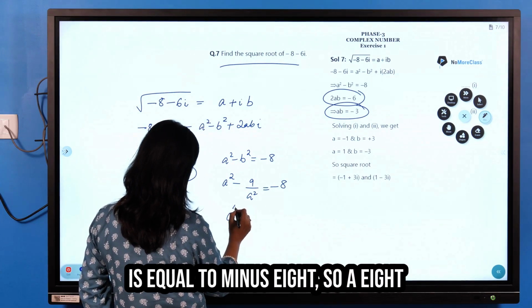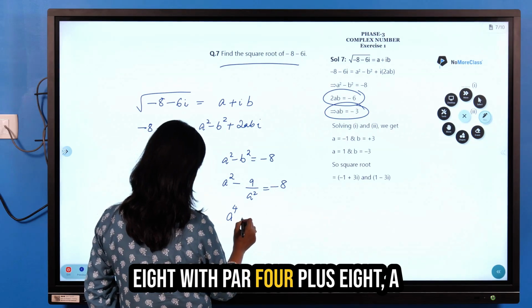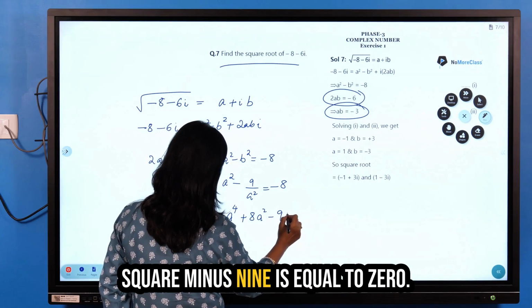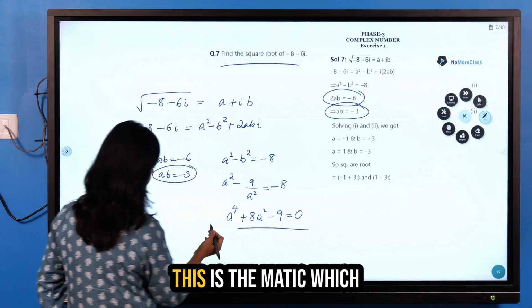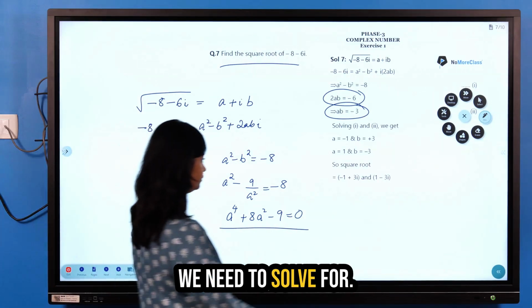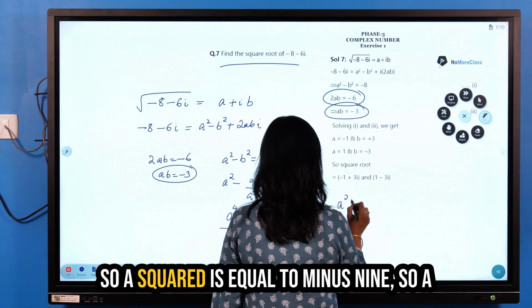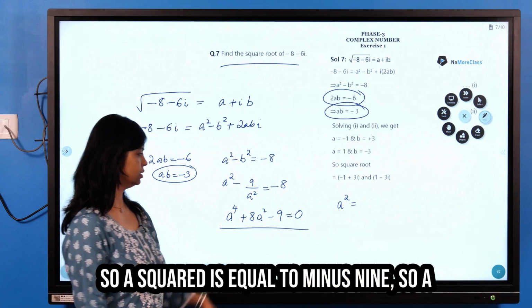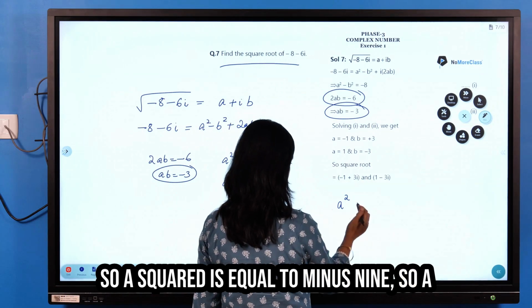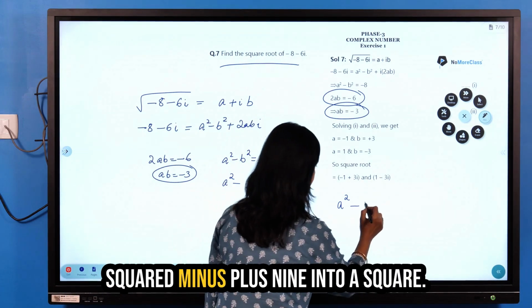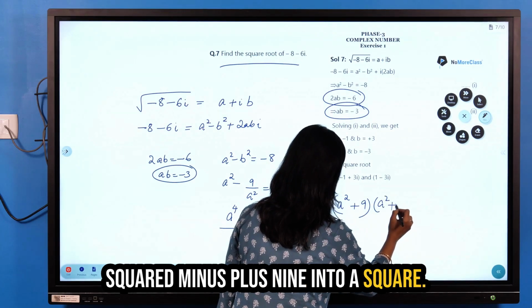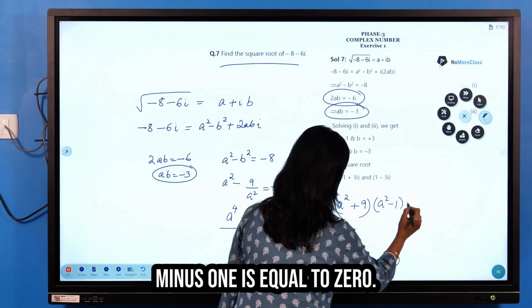So a to the power 4 plus 8a square minus 9 is equal to 0. This is the quadratic which we need to solve. So (a square plus 9) into (a square minus 1) is equal to 0.